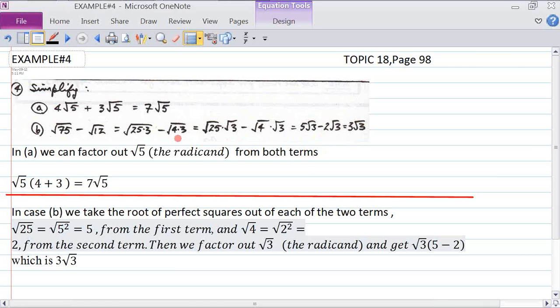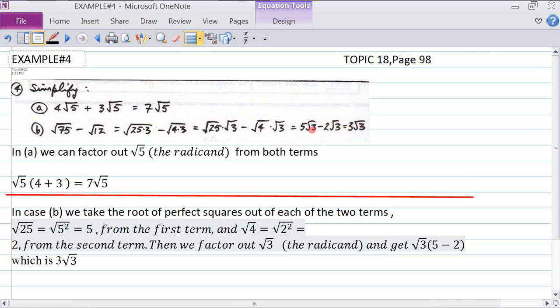Okay. Now, what we do with the second term here, minus 4 root 3, we isolate this as square root of 4 times square root of 3. The square root of 4 is 2, that's that number here, and then we've got 3. Now let me say that you can, if you want, just go directly from this to this. You don't have to go through this step if you see it, but it's up to you. So now what we're going to do is we've got 5 root 3 minus 2 root 3 equals 3 root 3.